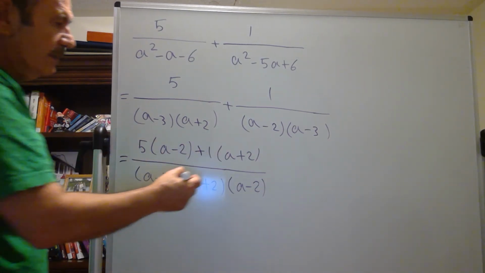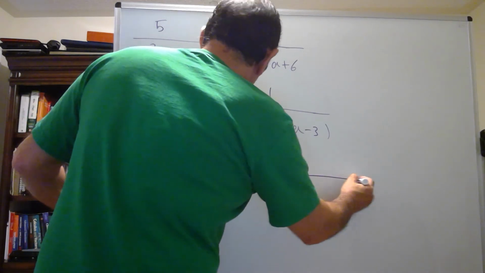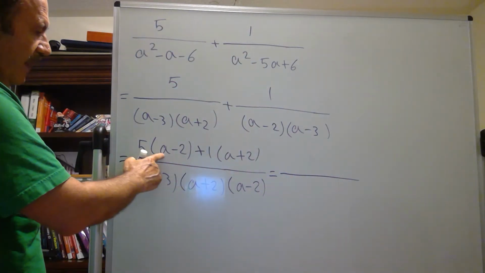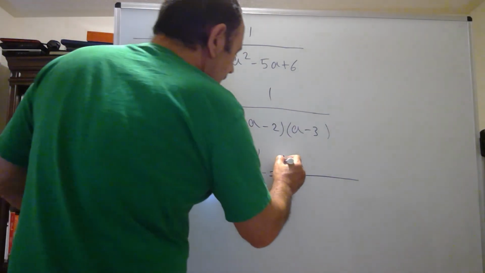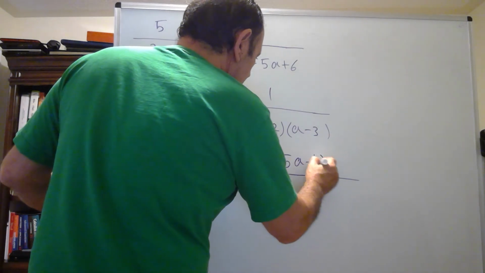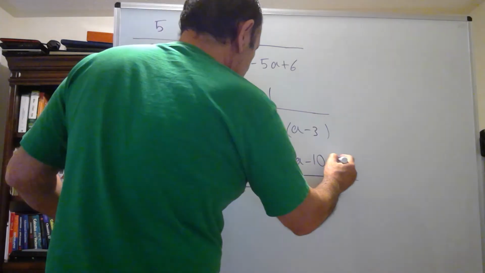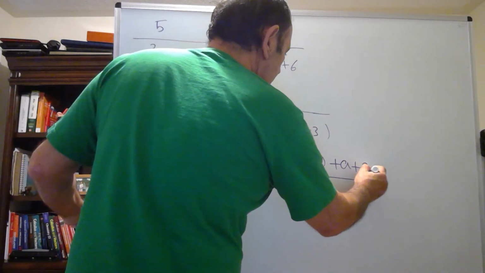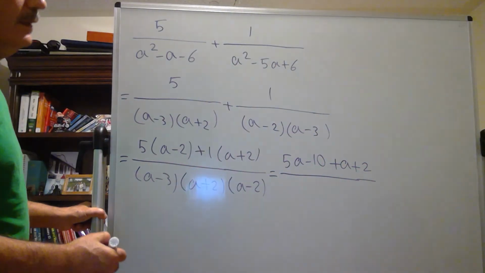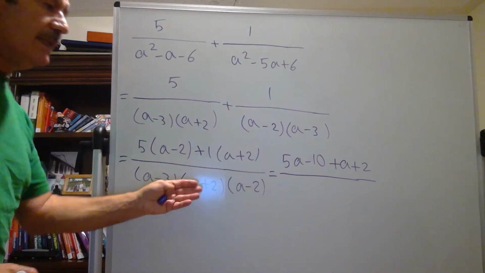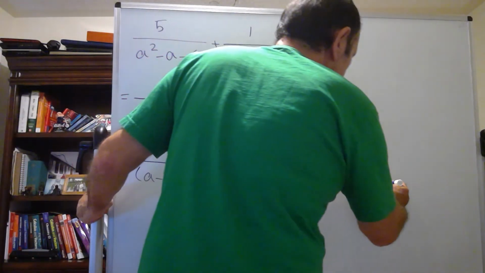Now simplify it. It's going to be 5a minus 10, and for this one, plus a plus 2. Okay. Then the denominator is going to remain the same. I'm not writing it again.